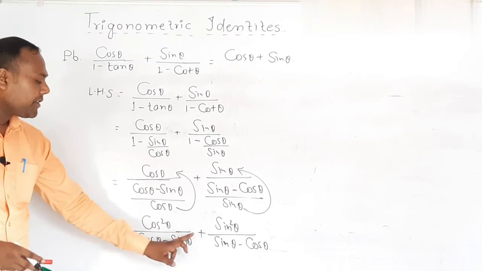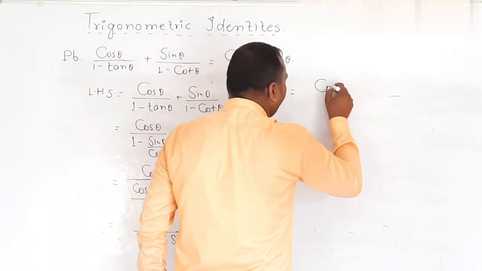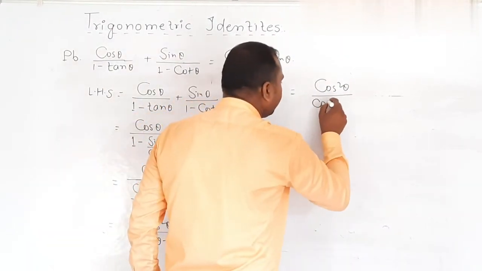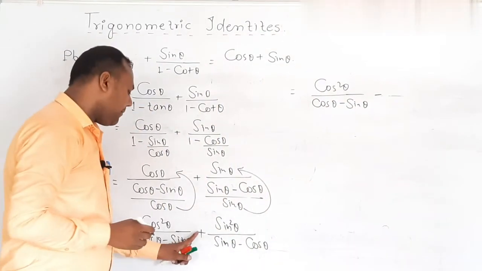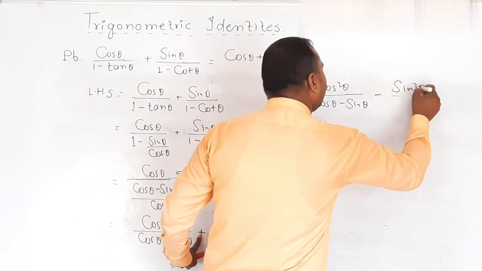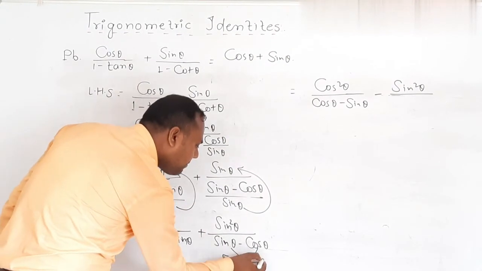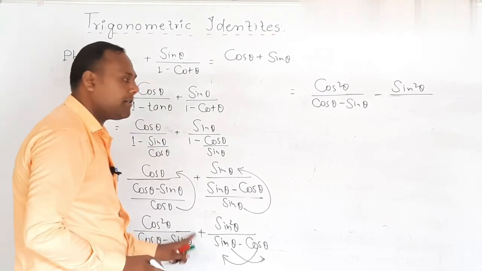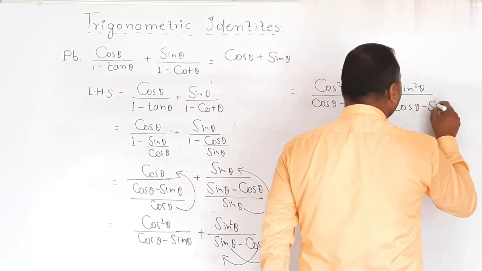That means here will be minus. How? Cos square theta upon cos theta minus sin theta, minus sin square theta upon, and this term placed here and this term placed here, and after replacing the terms the minus sign will be here. That means cos theta minus sin theta.